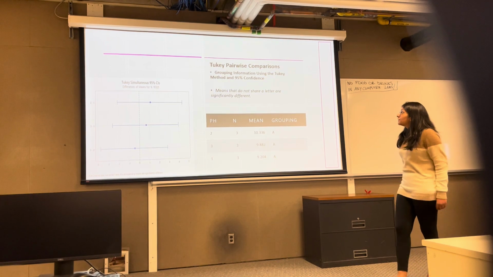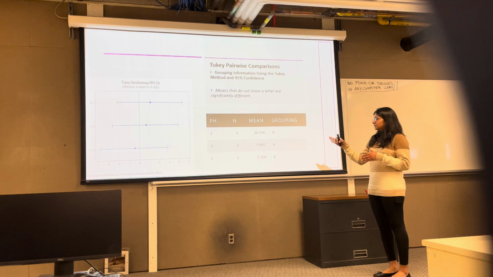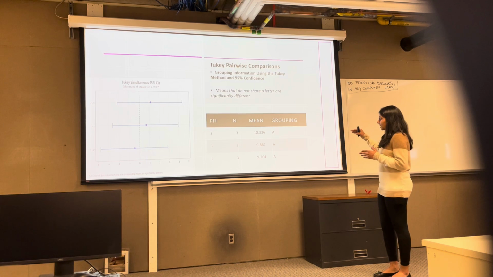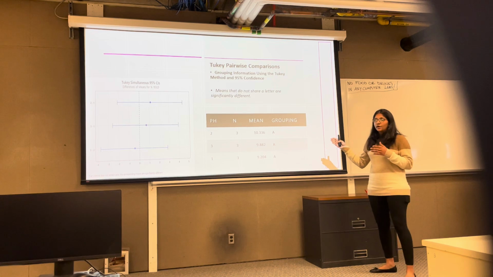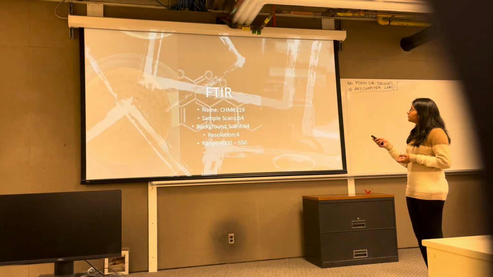For the Tukey pairwise comparison method, we performed it with three different pH again, and we compared all different pH with their duplicates and triplicates, and we can see here all come in the same group, so there is no significant difference between all the pH over here.